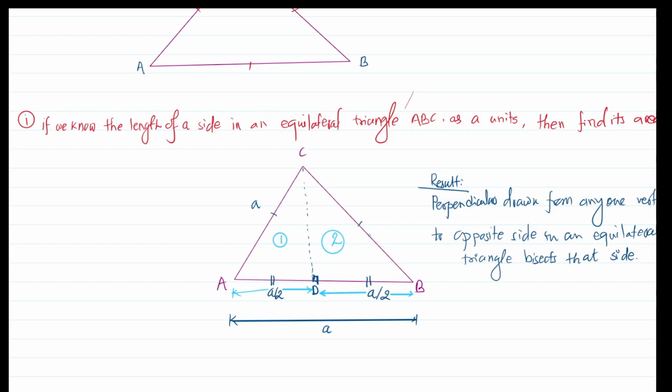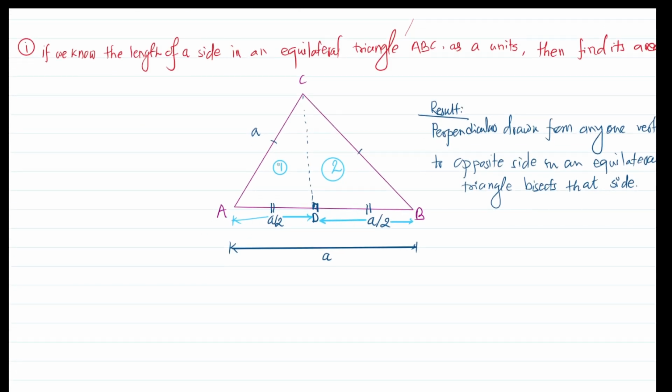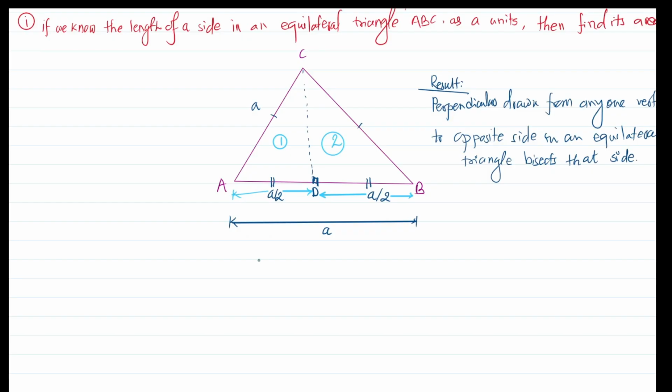We know the formula to find the area of a right angle triangle. So the area of this equilateral triangle ABC is equal to the sum of the areas of these two right angle triangles. To find the area of this right angle triangle, we have to evaluate the height, that is CD. CD is the height for each right angle triangle 1 and 2.